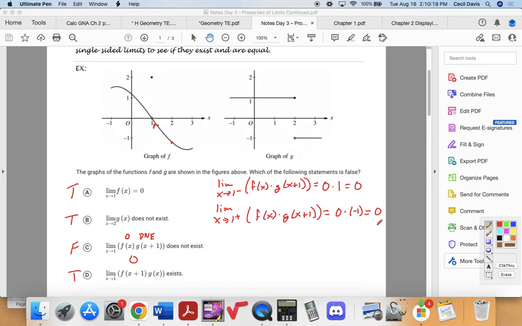The problem is that it's possible, now this is a pretty simple function, but it's possible to have something over there that doesn't exist for some other reason, like it goes to infinity or to negative infinity, and that would change everything. So you can't just say it's 0 times, I don't know what this is, therefore it's 0. The problem is the I-don't-know-what-it-is could be something that might cancel out the 0. Okay? All right, let's move on.